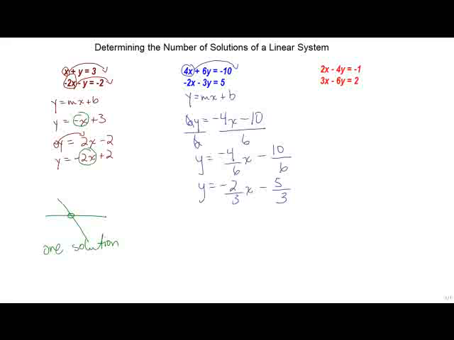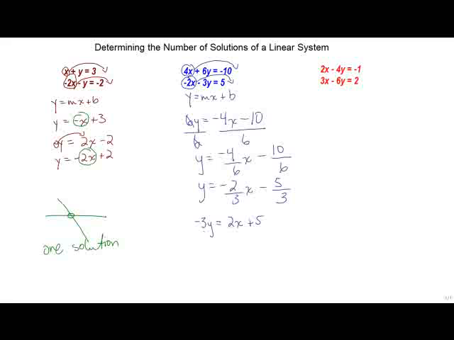So here we've determined our slope to be negative 2/3 and our y-intercept to be negative 5/3. Now we'll move on to the second equation. Once again, we want to isolate our y variable. So we're going to take our negative 2x and move it across the equal sign. That's going to leave us with negative 3y equals positive 2x plus 5.